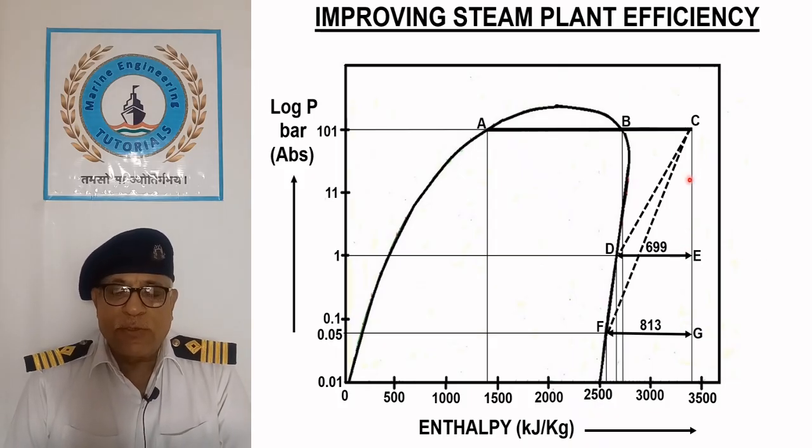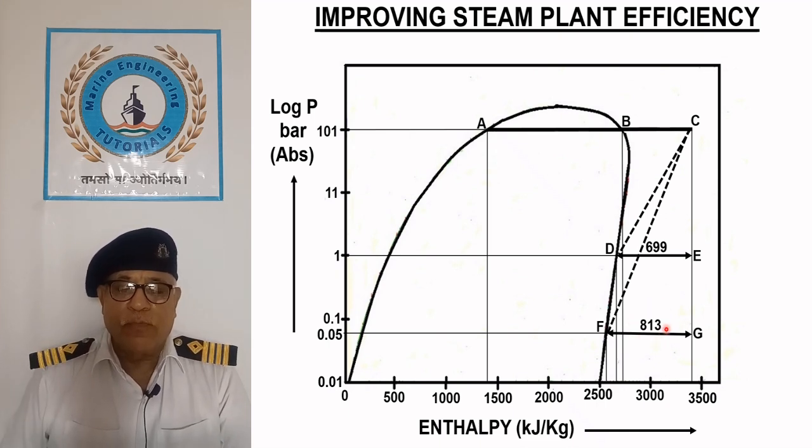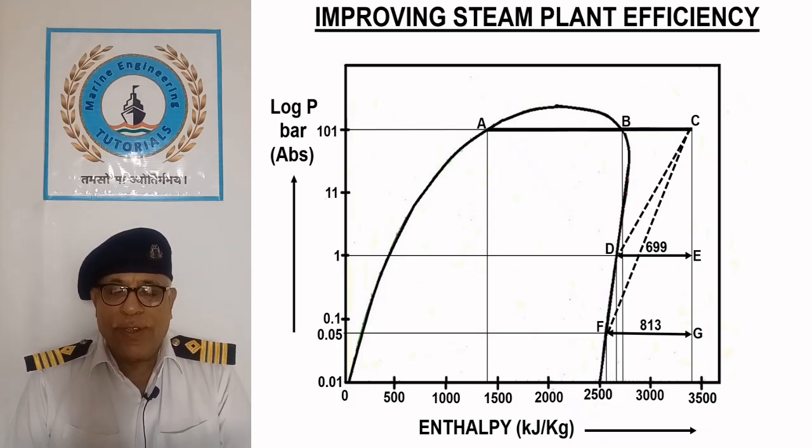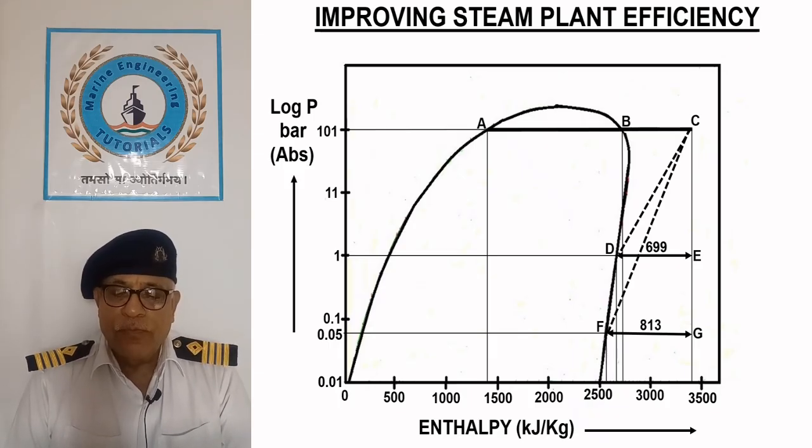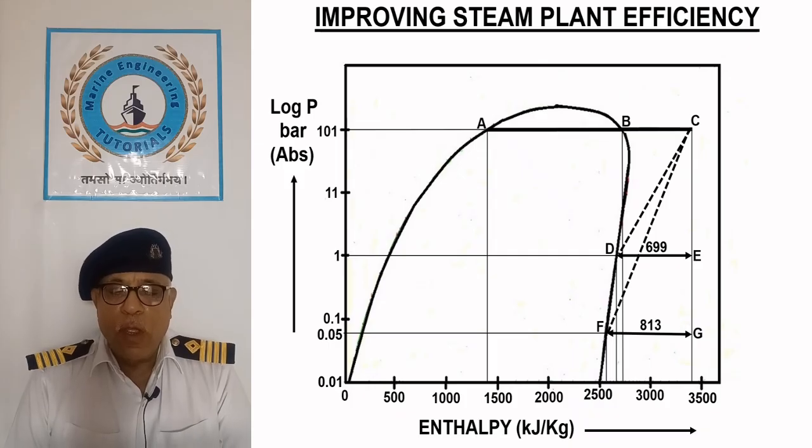Alternatively, if the steam is exhausted to a vacuum condenser along line CF, the heat utilized in the turbine, represented by line FG, increases to 813 kilojoule per kg. Thus, when steam is exhausted to a condenser maintained under vacuum instead of an atmospheric condenser, the turbine produces 114 kilojoule per kg of additional work, corresponding to a 14% increase in work output.